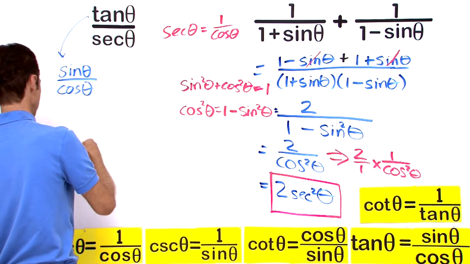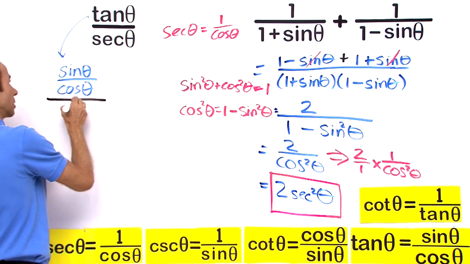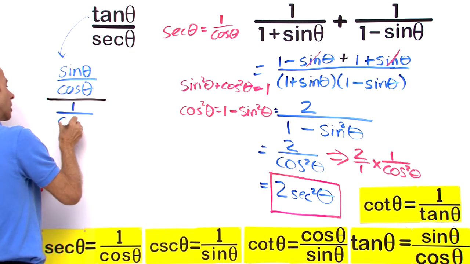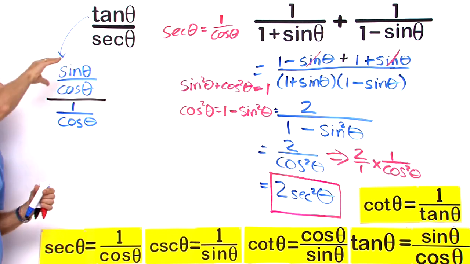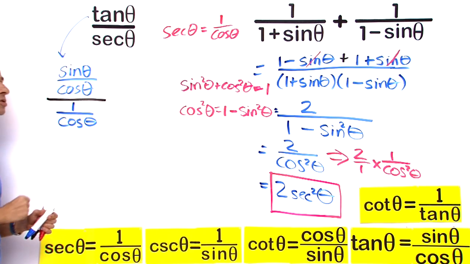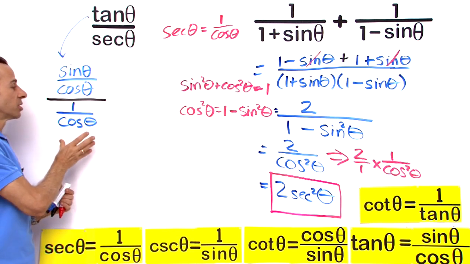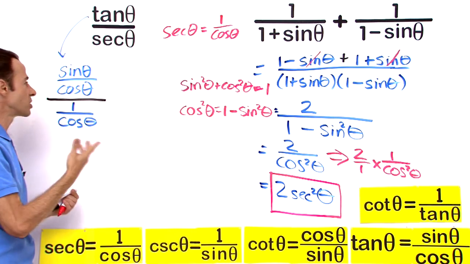So let me just put a black line here. Divide by. So we're dividing a fraction by another fraction, because it's the bottom divided into the top. So if we write this out with conventional algebra, when you divide by a fraction, you turn it upside down, you flip it, and then you multiply by it.